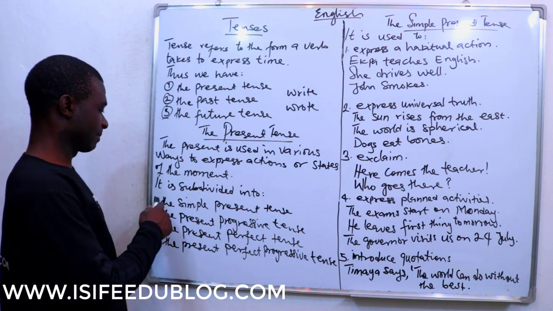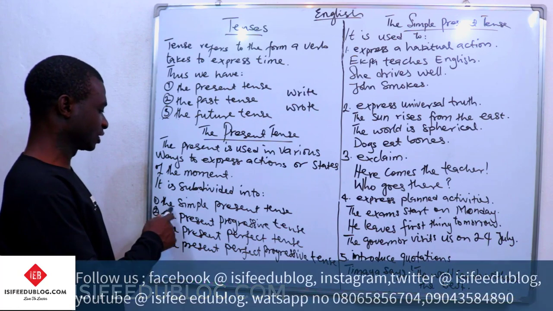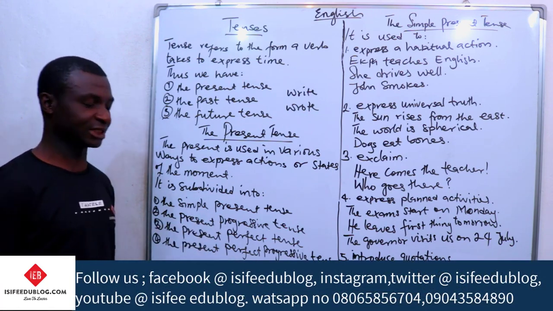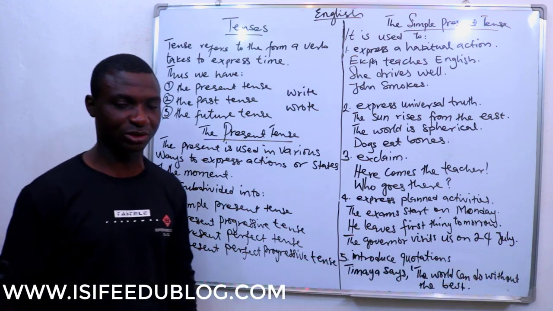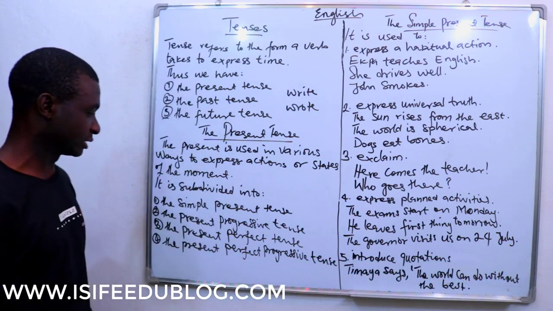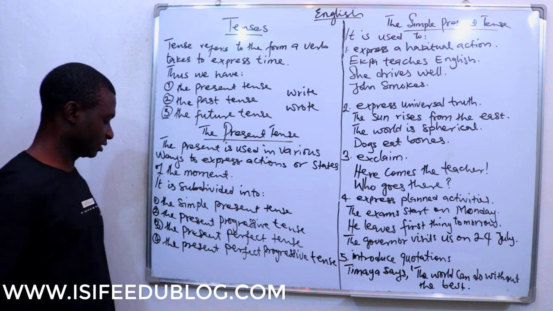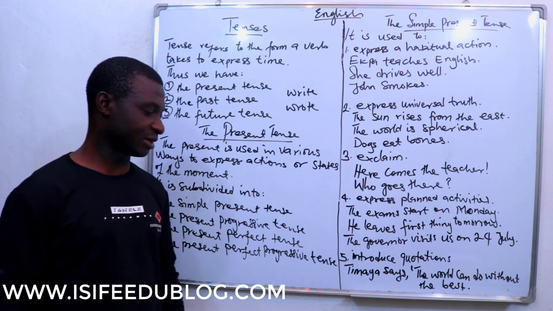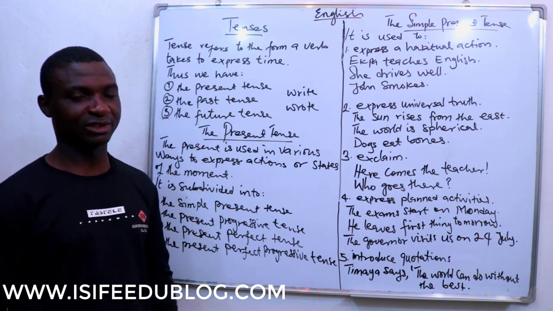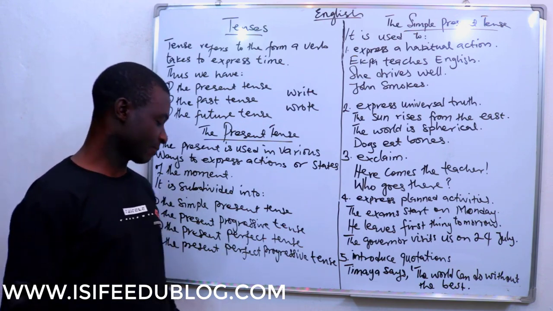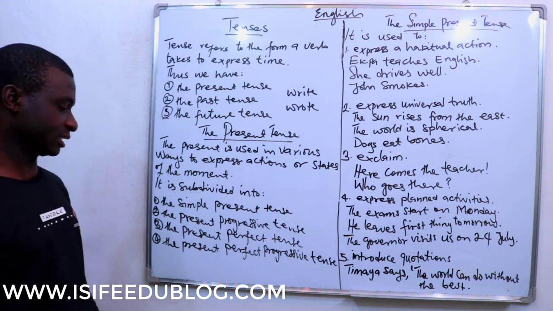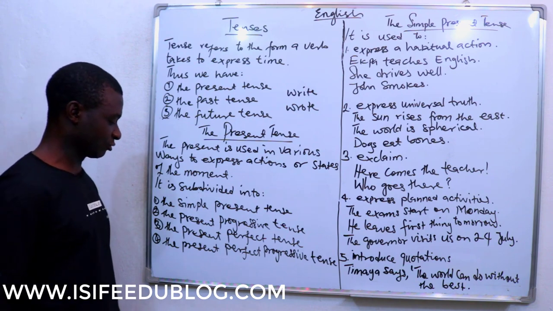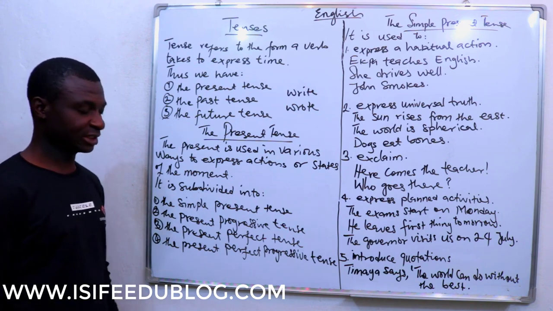Now, the first way we can capture it is to subdivide it into about four, because we've said it is used in various ways. The first is the simple present tense. The second is the present progressive tense, or what is popularly known as the present continuous form or tense. Then the third is the present perfect tense, the use of have, has, and had. Had is in the past, but has and have are used to form the present perfect tense.